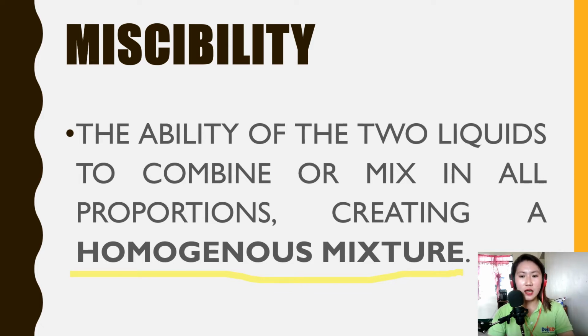Examples from your polarity experiment of homogeneous mixtures are water and vinegar, and water and alcohol, where they are mixed well together. So they are seen as one. Walang ibang mixture na makikita. Okay, so that is homogeneous mixture and that is miscibility.